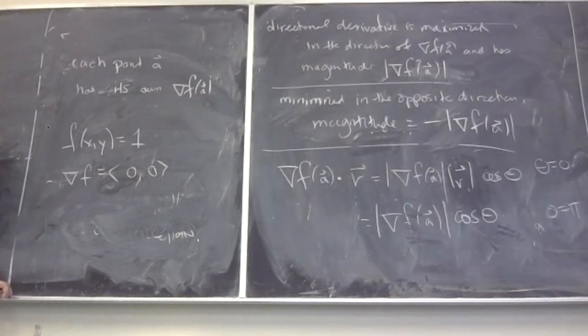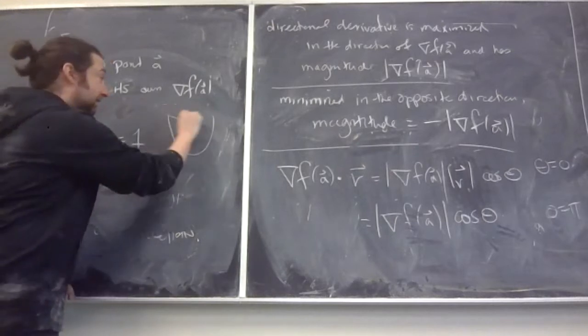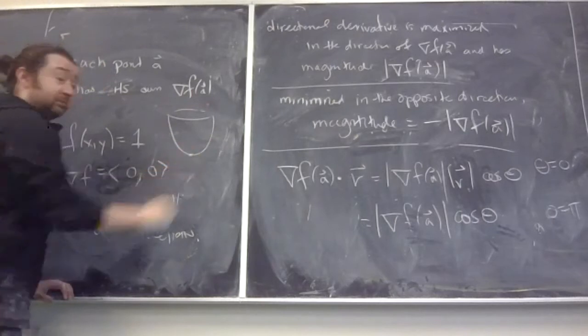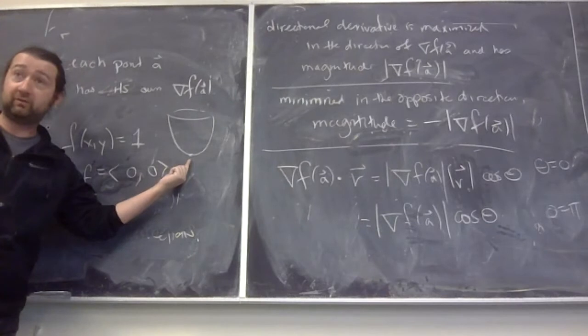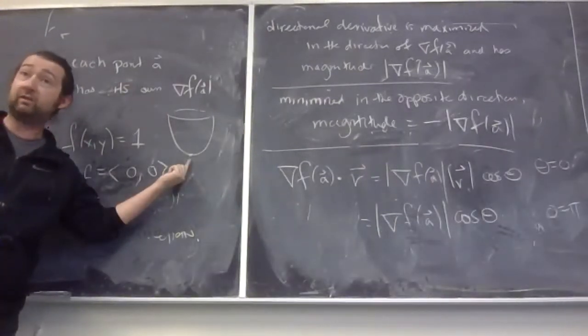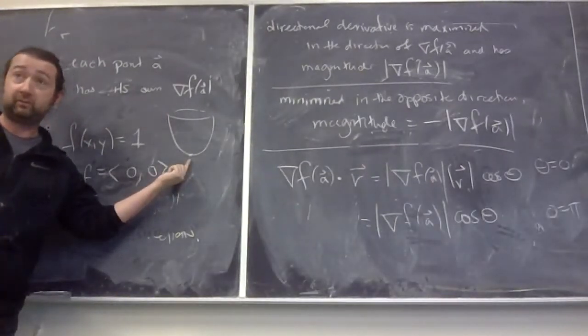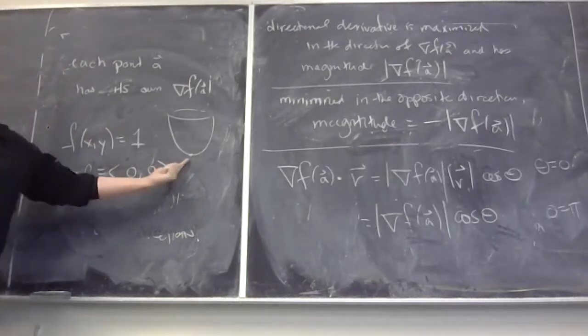Because it either means you can't go any lower, as in this kind of scenario: you took the gradient at the vertex of some sort of paraboloid, and you're at a point where the gradient is the 0 vector. So a 0 gradient could correspond to places where you have these vertices.